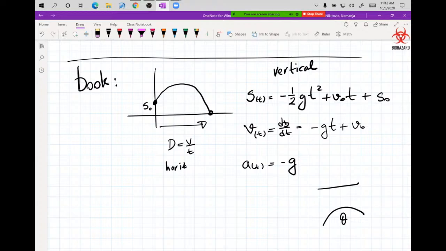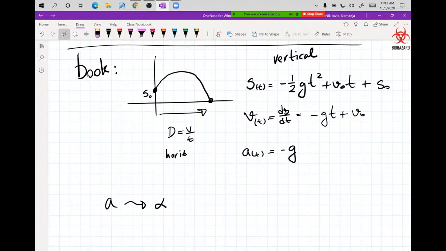If you were just mindlessly memorizing or copying formulas, it did not click, but you have acceleration alpha, which is angular acceleration, and angular velocity omega, which was velocity but angular, and then you have the position s or y or x, in this case theta.